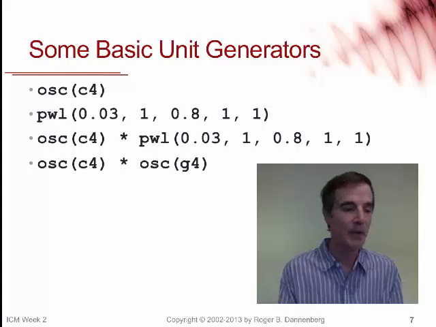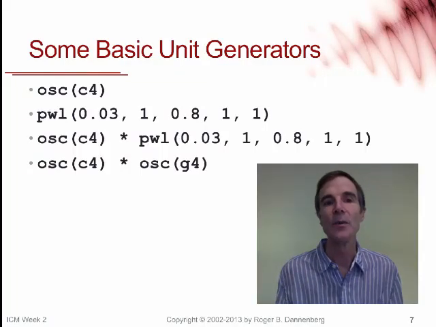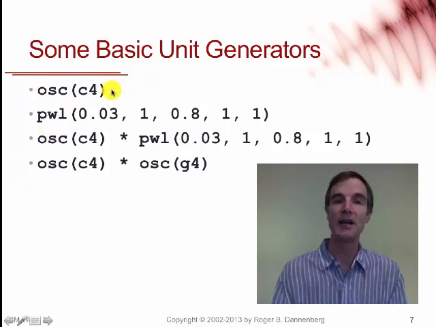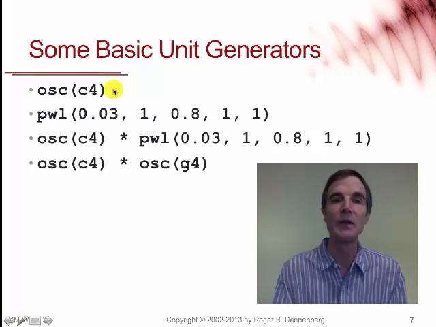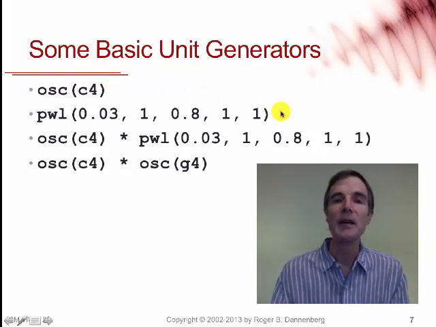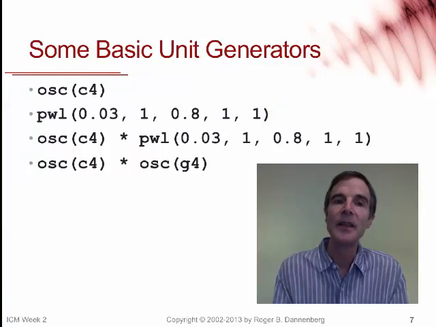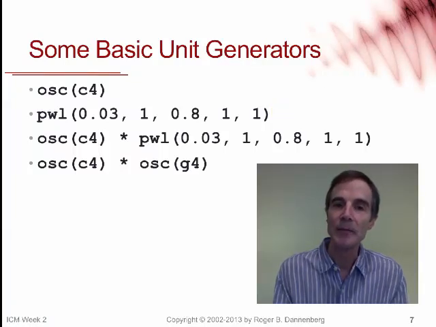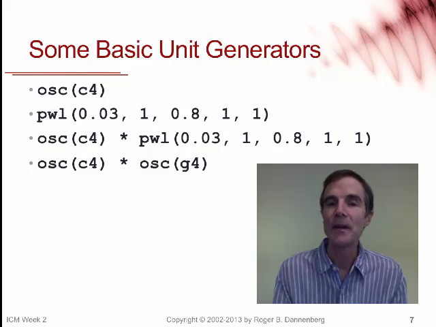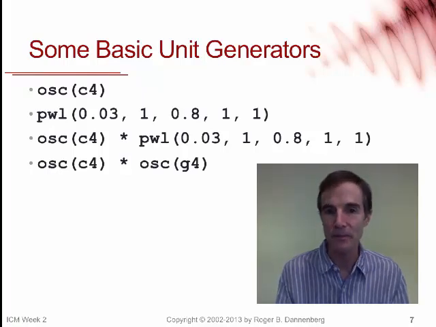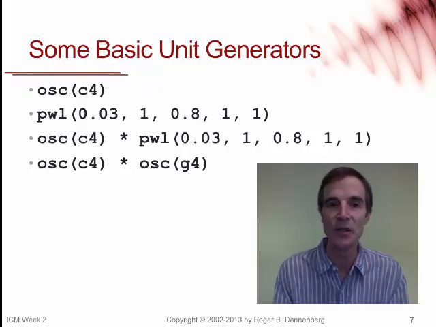So here are some basic unit generators in Nyquist. The oscillator, or OSC, produces a sinusoid output at a given frequency. The PWL unit generator stands for piecewise linear. That means it produces a function which is a straight line between breakpoints, and that can be used to generate various control shapes.